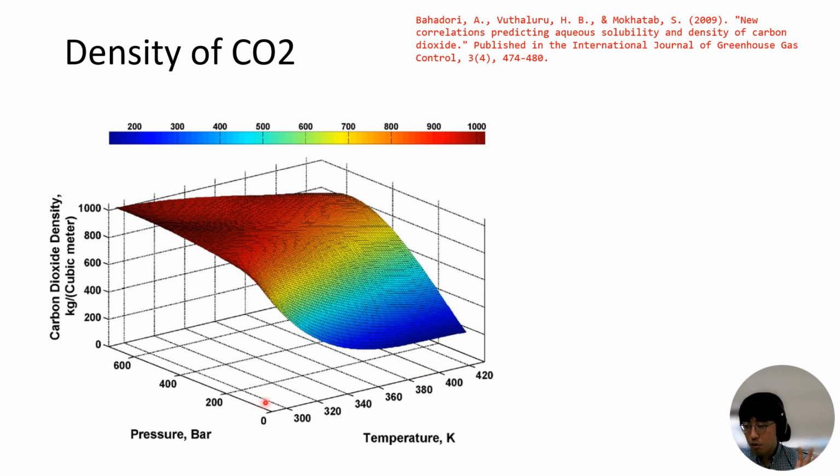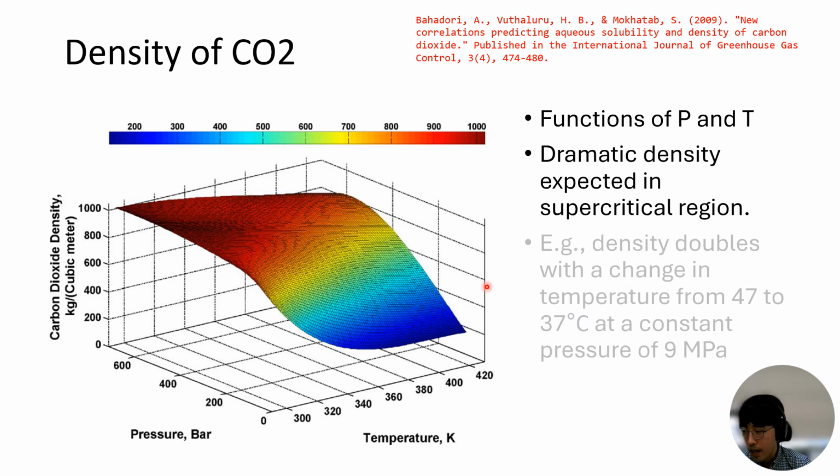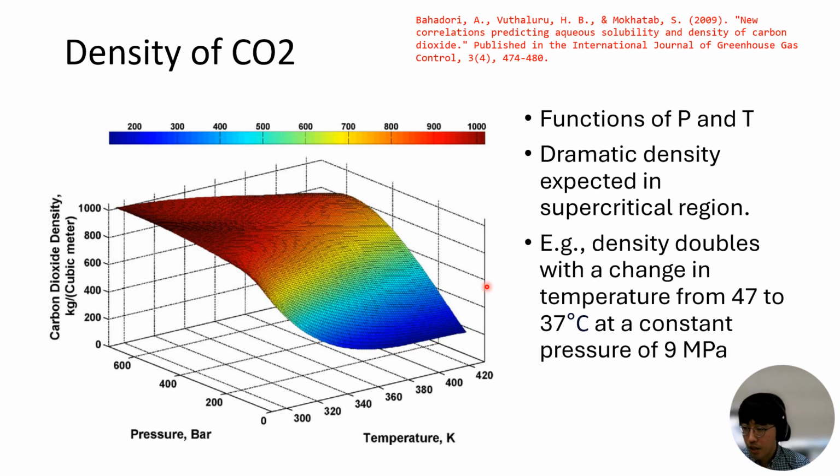As it's a bivariate response, we can only visualize it in this 3D visualization. So first of all, the density is a function of pressure and temperature. And as we saw in the previous slide as well, it has more dramatic changes in the supercritical region.